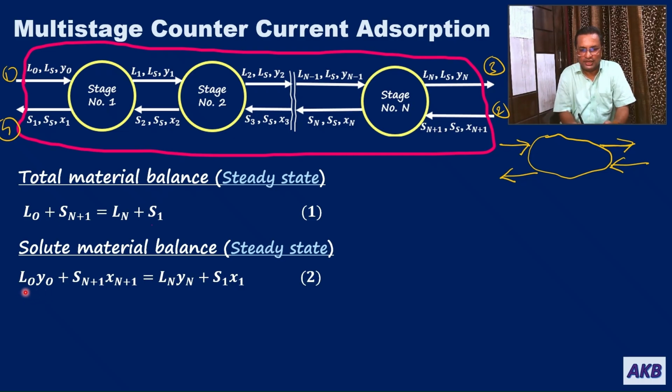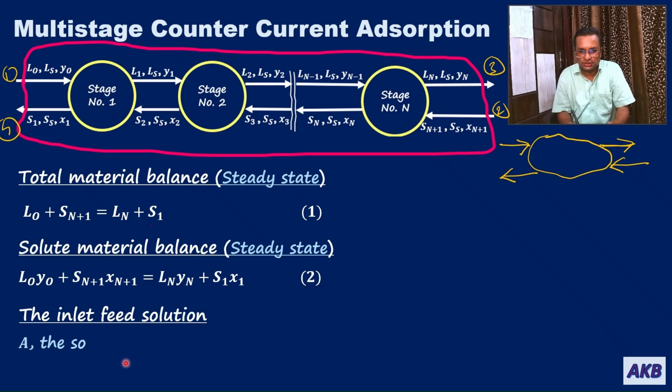Total mass flow rate into fraction of solute will give you the flow rate of the solute. So the flow rate of the solute in the inlet feed plus the flow rate of the solute in the inlet adsorbent is equal to the flow rate of the solute in the outlet liquid solution plus the flow rate of the solute in the outlet adsorbent phase. And I am calling this equation number 2.